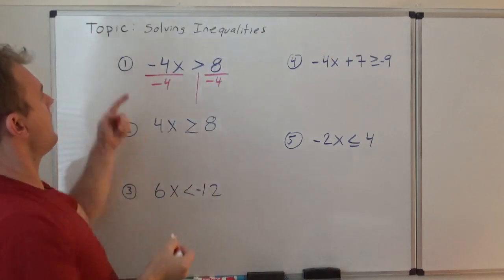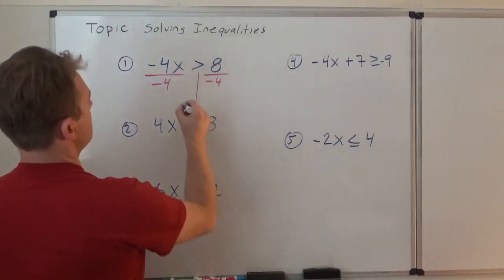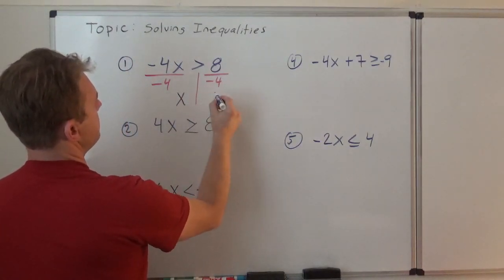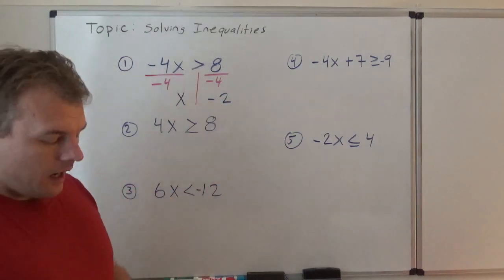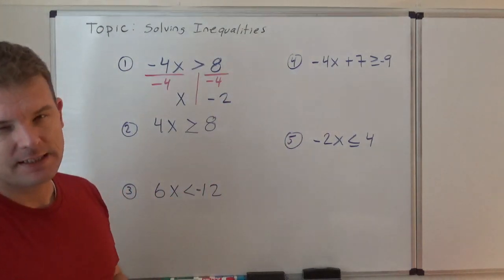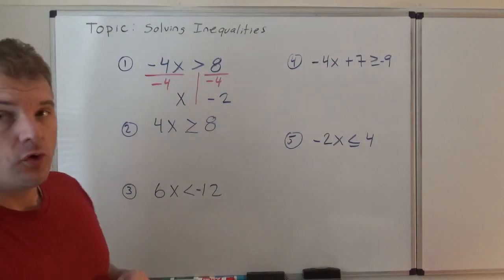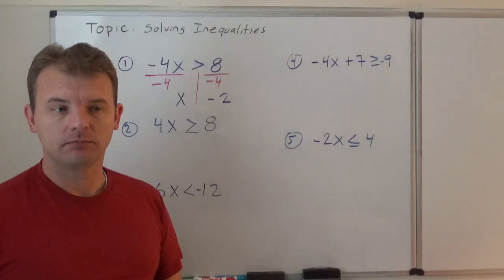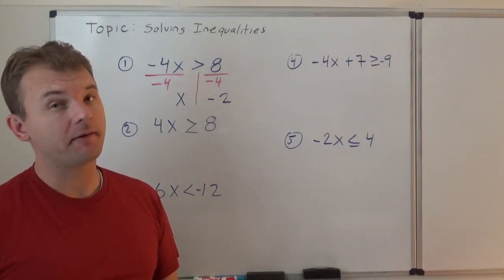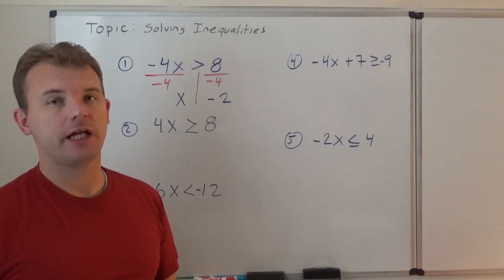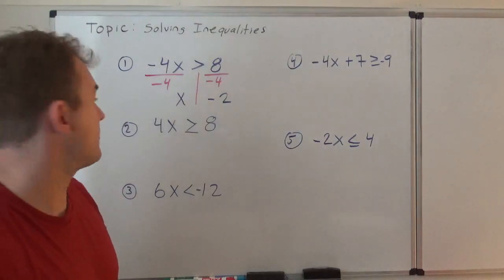A negative divided by a negative is positive, correct? So x is, what, negative 2? I want you to be very careful. This is another part of this: when you divide or multiply by a negative number, it's going to change your inequality. So please put this down for now.